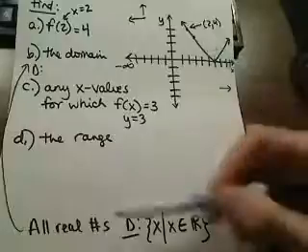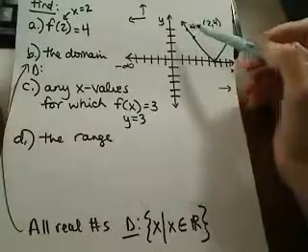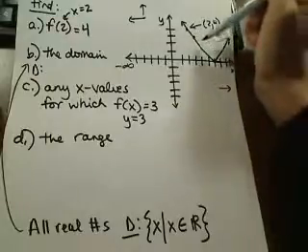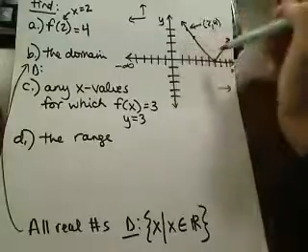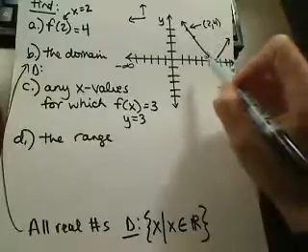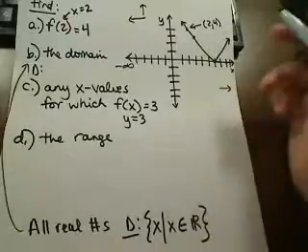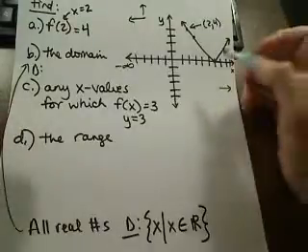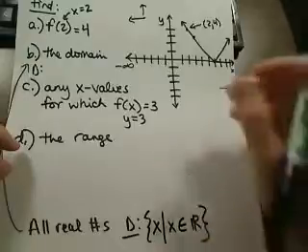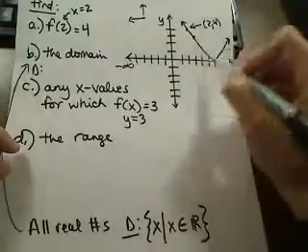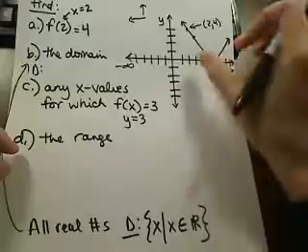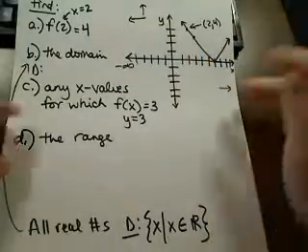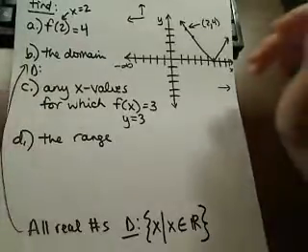The reason that we don't do that here is because every single point, when you draw a line like this, is included in the graph. And if you think about trying to list every point between 0 and 1, for instance, you can't do it. There's an infinite number of points there. And this is why we will use set notation and inequalities generally to list these kinds of things if there's a restriction. There's no restriction here, so it's just all real numbers. Okay, so that's the difference in those two problems.